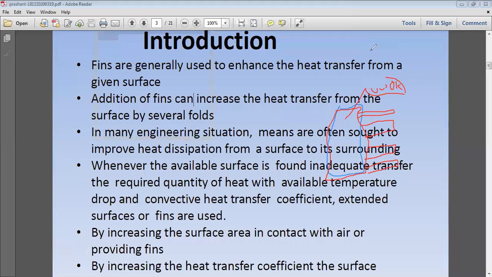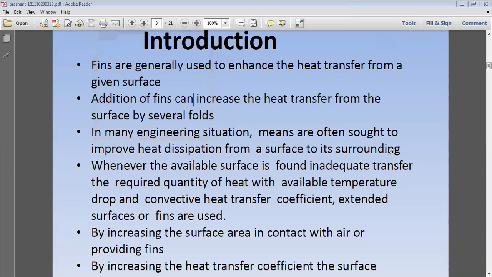Now another point. In many engineering situations, means are often sought to improve the heat dissipation from a surface to its surroundings. In most engineering applications, we dissipate the heat to the surroundings by means of fins. Radiators are one of the best examples.